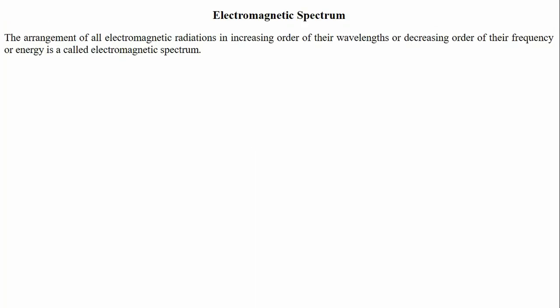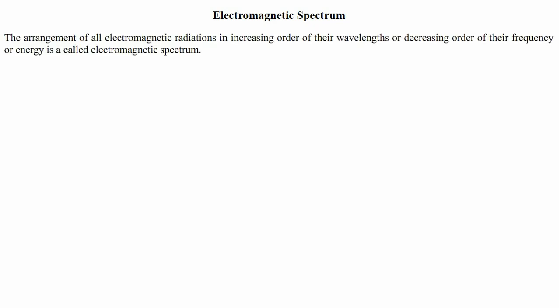So now next is the electromagnetic spectrum. Depending upon the frequency and wavelength of these electromagnetic radiations, there are a variety of electromagnetic radiations. So when we arrange these electromagnetic radiations in order of increasing wavelength or decreasing frequency, a spectrum is formed, which is called the electromagnetic spectrum.